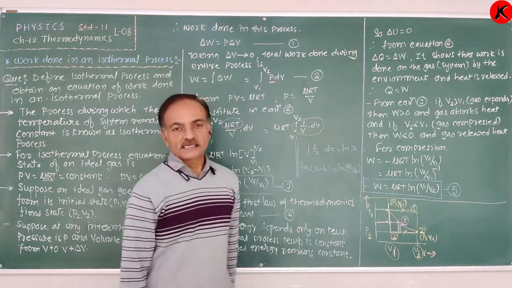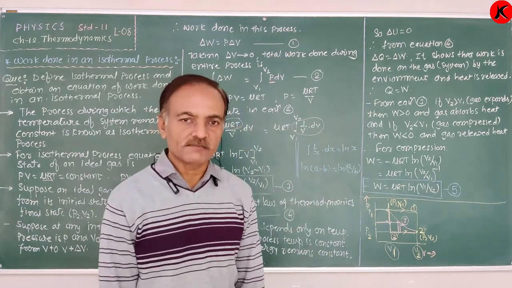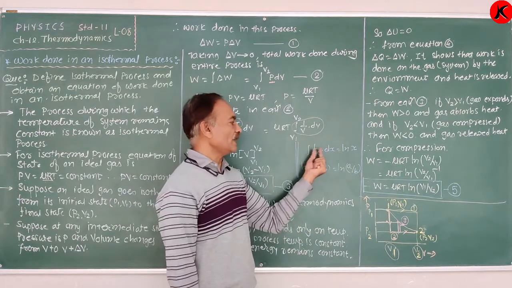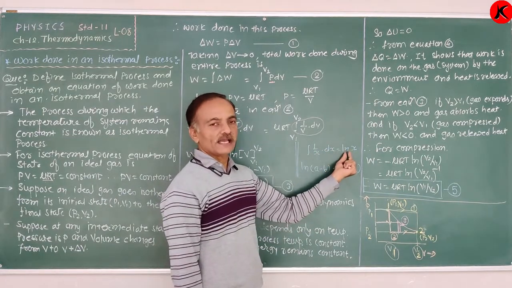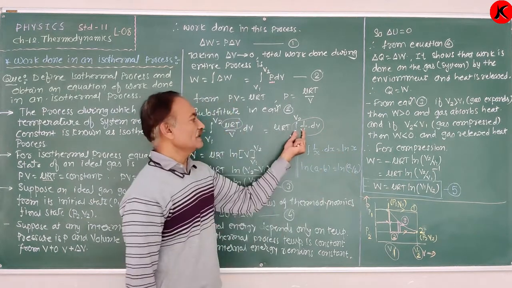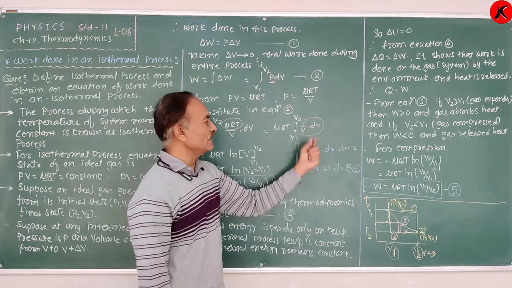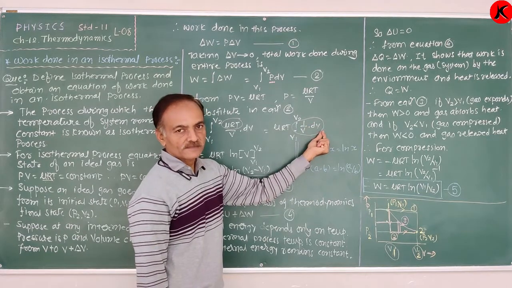Here ln means the base of the log is e. But here the variable is the volume V, so the integration of 1 upon V into dV is ln V.